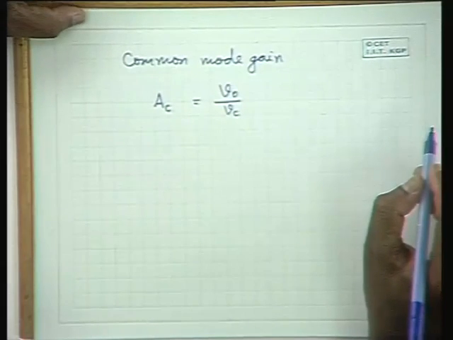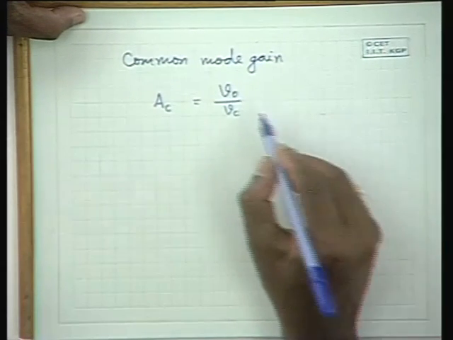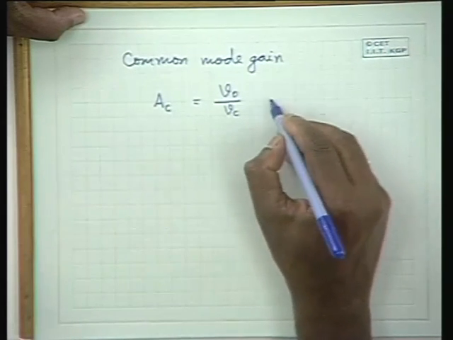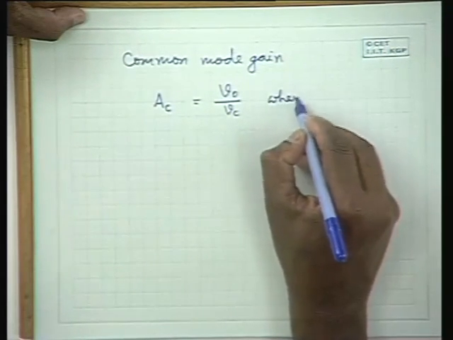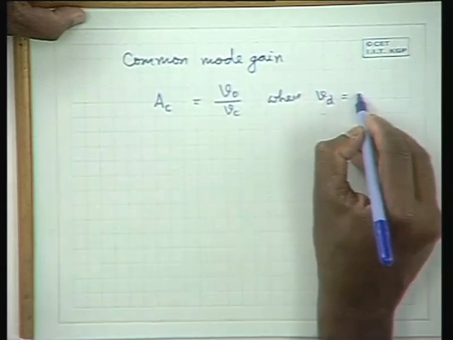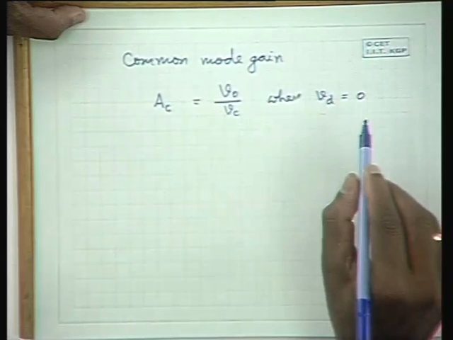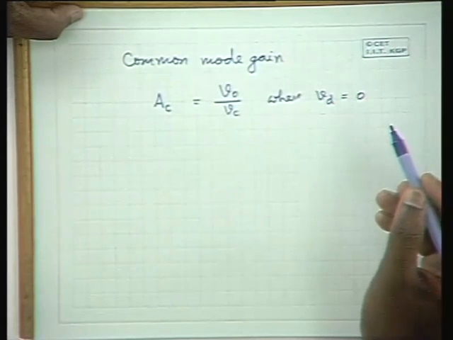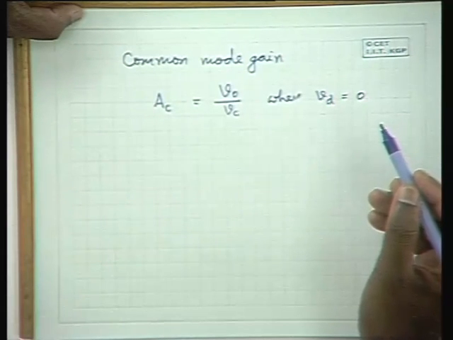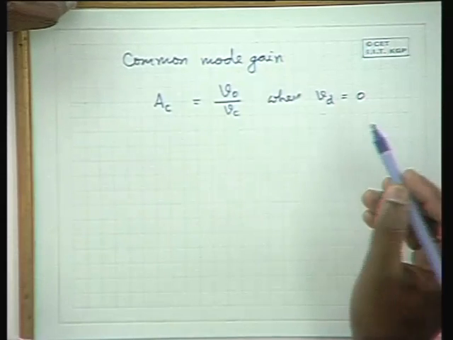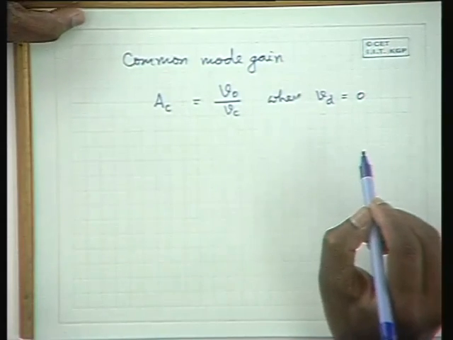AC is equal to V naught by Vc, where V naught is the output and Vc is the common mode signal when the differential signal is 0, because then the output has only the common mode signal.